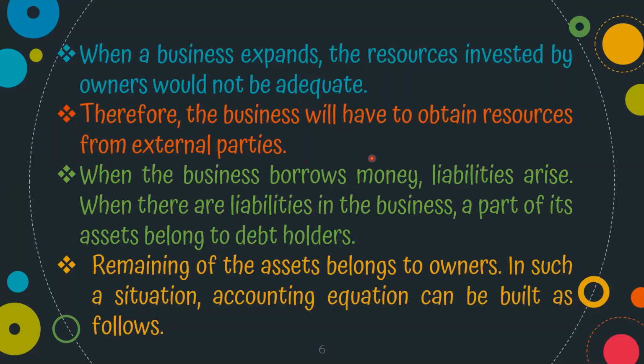Therefore the business will have to obtain resources from external parties. So what are the external parties? When the business borrows money, like a bank loan, liabilities arise. In the fourth lesson we will discuss liabilities too. So when there are liabilities in a business, a part of its assets belongs to the debt holders.